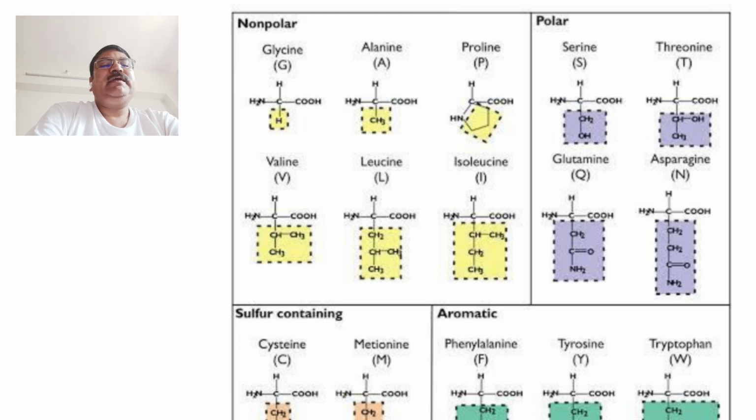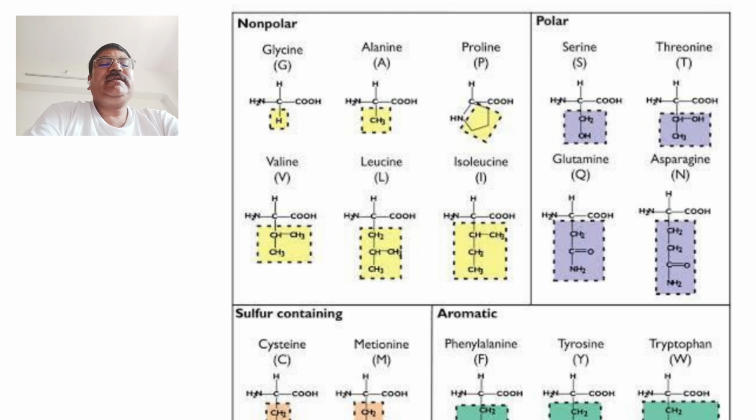Remember that in the structure of a particular alpha amino acid, only the side chain R group changes. The rest of the groups are fixed: the NH2 group, COOH group and hydrogen atom. Only the R group, shown by the dotted square line and yellow dots, is used in the non-polar system.